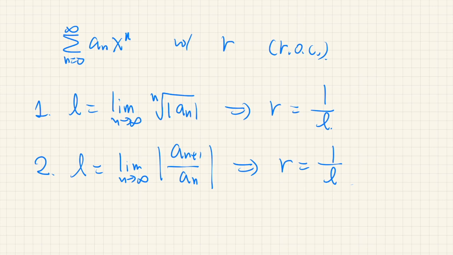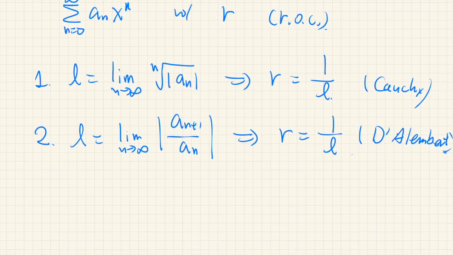So as you can see, this is derived from Cauchy's criterion, and this comes from D'Alembert's criterion. And here, when L is actually positive infinity, which can happen, then 1 over infinity is understood as 0.